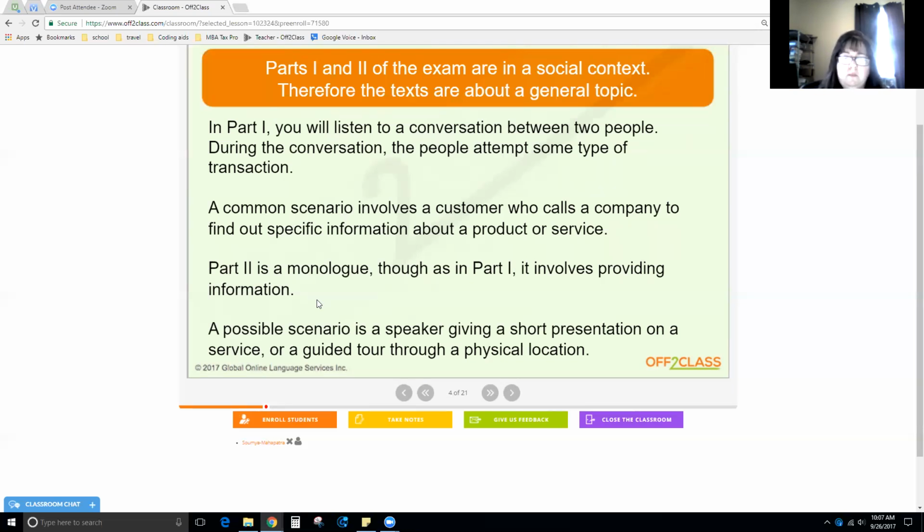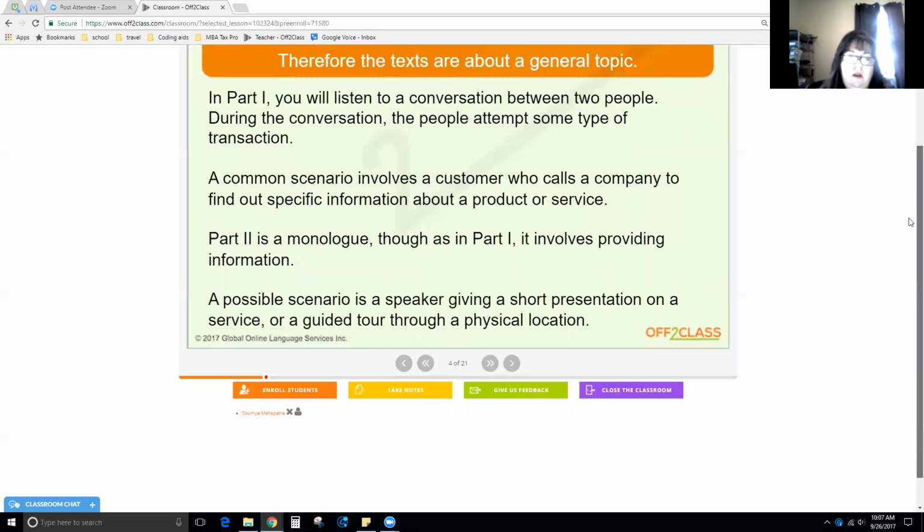so the part 2, like in part 1, involves providing information, but it's a single person. Okay. A possible scenario is a speaker giving a short presentation on a service or a guided tour through a physical location.